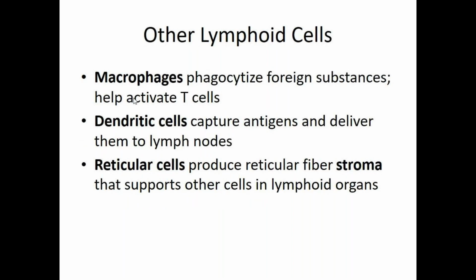Outside of lymphocytes themselves, we have other lymphoid cells here of use for us. So other leukocytes, for example, things like macrophages, are also involved in here. Now, a macrophage will attack an antibody labeled cell, but only antibody labeled cells. We also have dendritic cells and reticular cells, and we'll come back and spend a fair amount of time talking about dendritic cells.